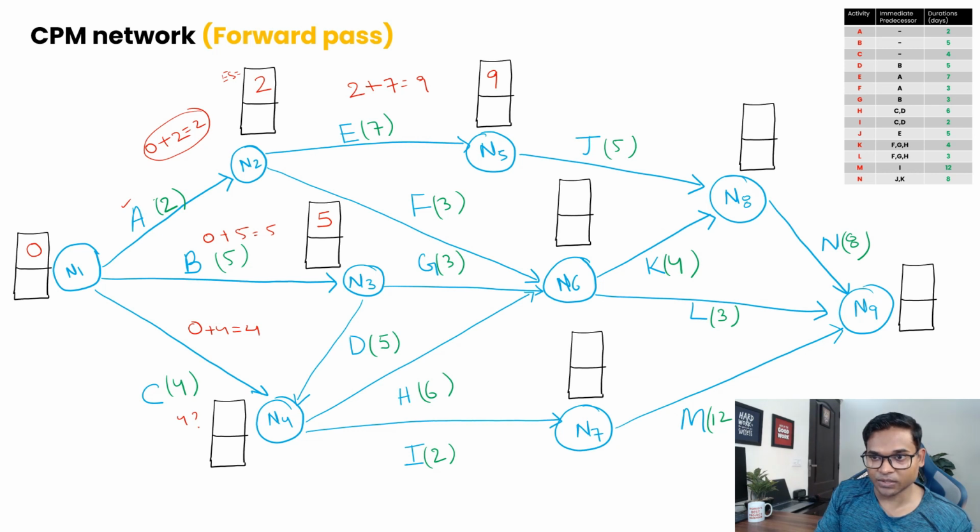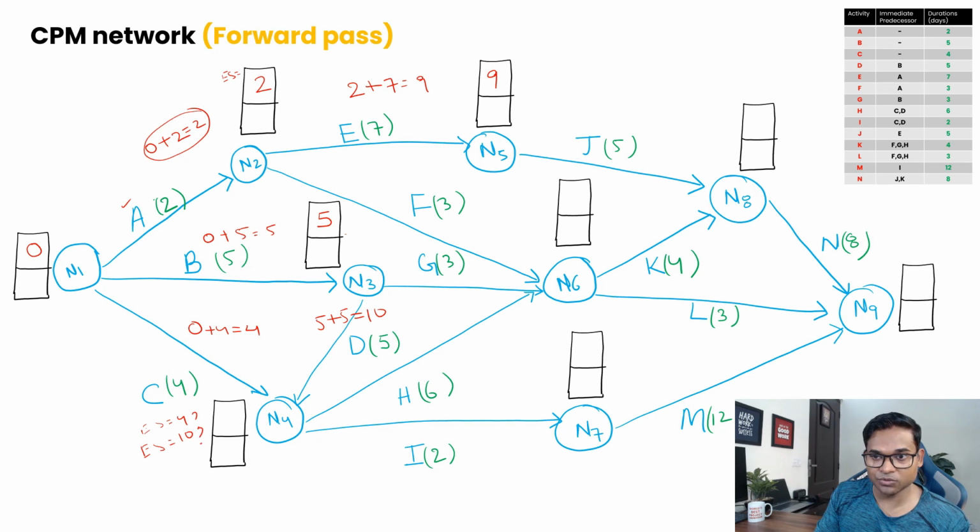For N4, following this path, you add 5, which was the early start for this path, plus the duration of activity D, which is 5. So 5 plus 5 equals 10. Now at this node, if you follow N1 to N4, your early start will be 4, and if you follow the path N1 to N3 to N4, your early start is 10.